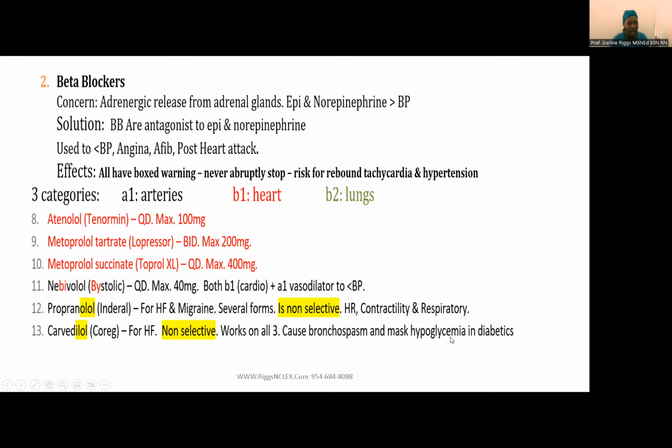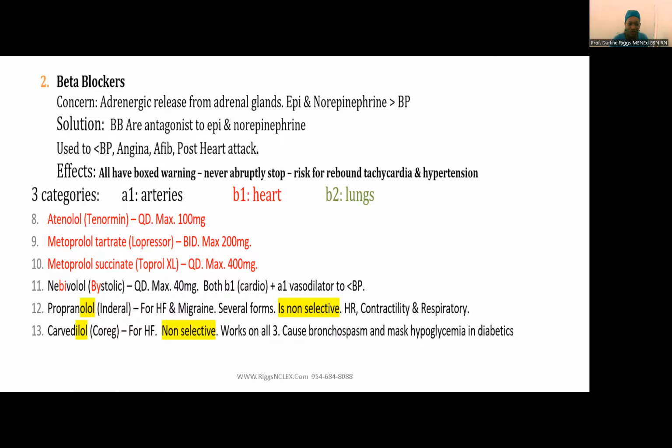And your diabetics. I mentioned the diabetics before, right? You're always processing these diabetics and glaucoma clients, okay? So please, propranolol and carvedilol, you get these in your NCLEX questions, wake up. Process that they are non-selective. So look for history of respiratory problems, and they're contraindicated with these clients.